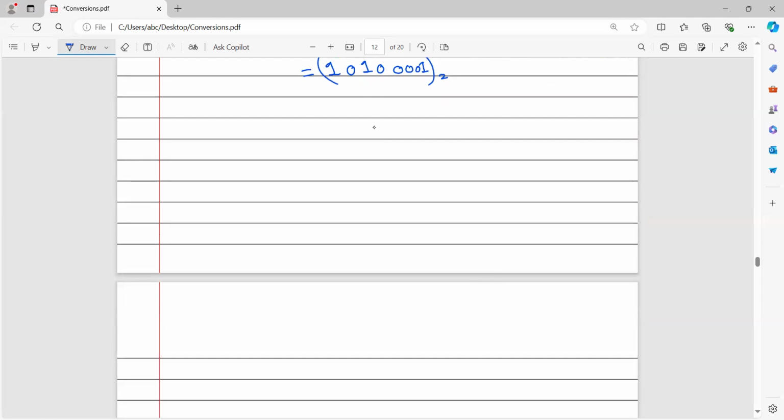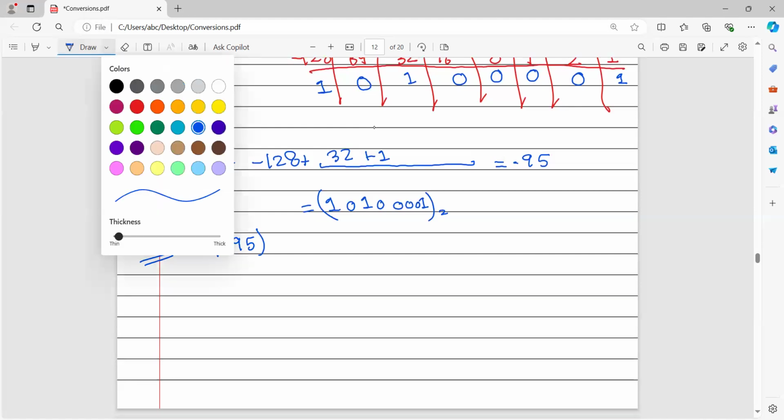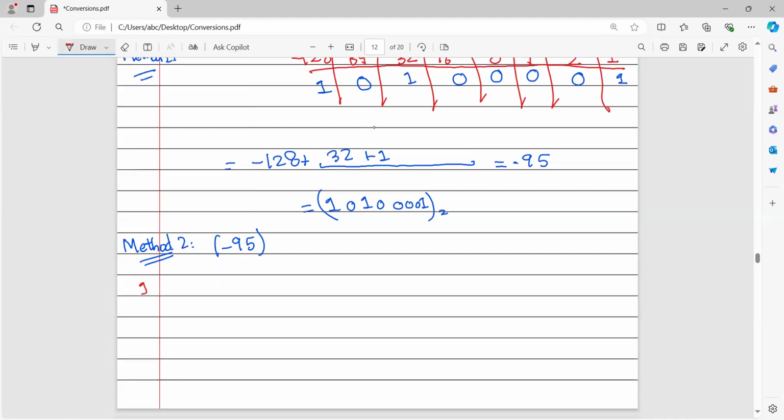So for your method 2, for example, if you want to calculate the binary equivalent of minus 95, what you're going to do first of all is generate a positive 95 and ignore the negative part.